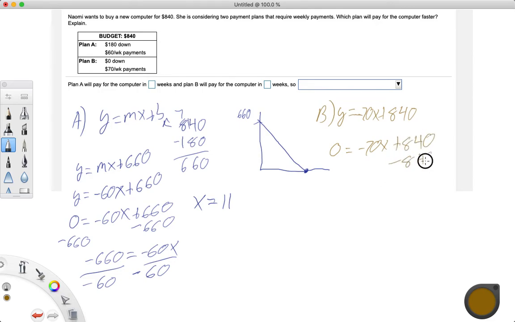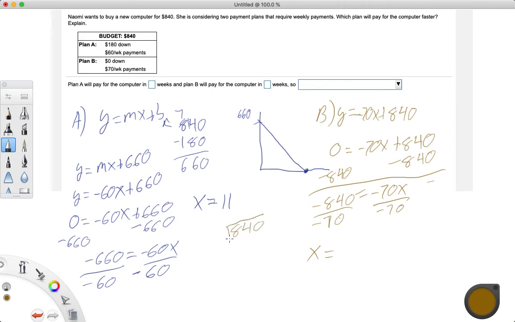Subtract 840 from both sides, and negative 840 equals negative 70x. Divide both sides by negative 70, and we get x equals, let's see, 840 divided by 70.